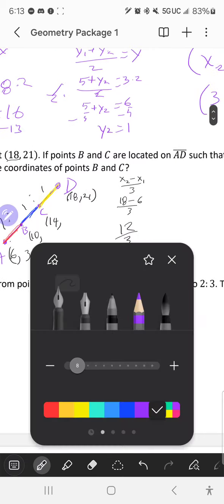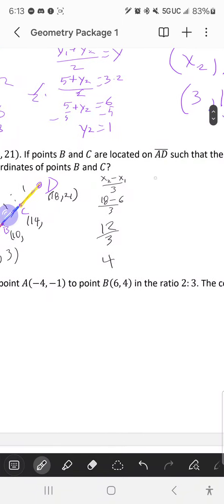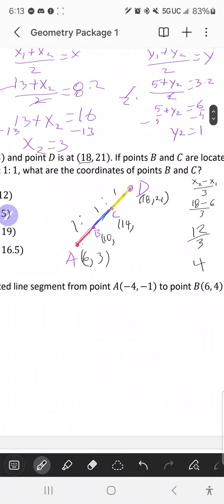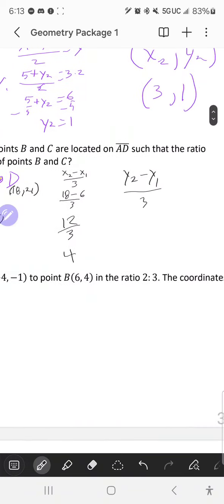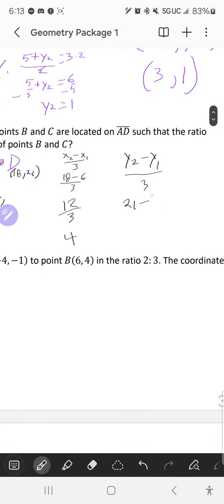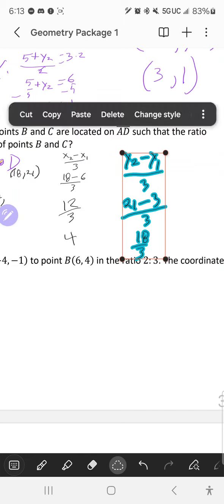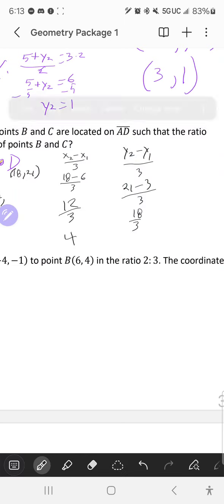Now I can do the same with the y value. So I have y2 minus y1 divided by 3. Now the 21 is y2, so I know 21 minus 3 divided by 3 is going to be 18 divided by 3, and this is going to be 6.